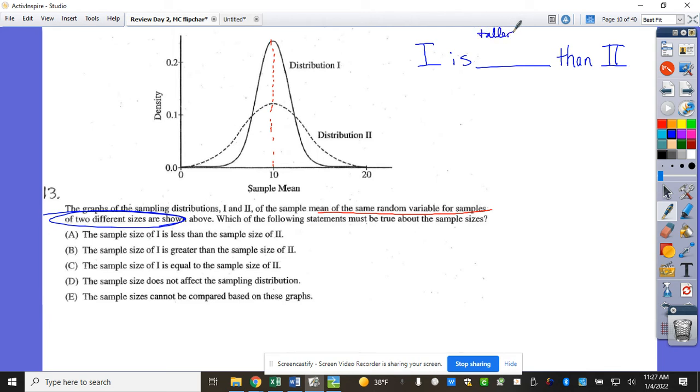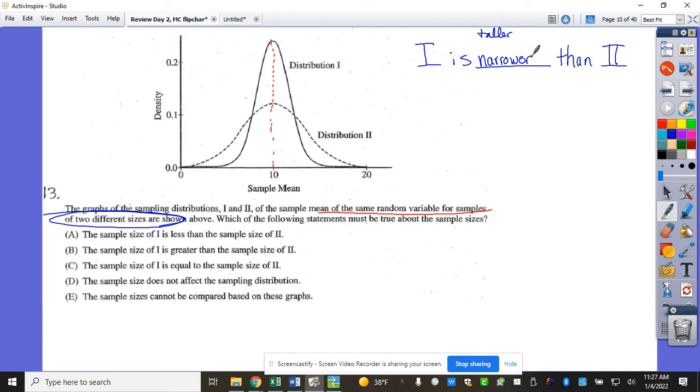So talk about it this way. Wait, is narrower a word? Yes, right. So which one of those is going to be affected by a change in sample size? Width or height? Width. I mean, technically it's both, but we talk about it as width.